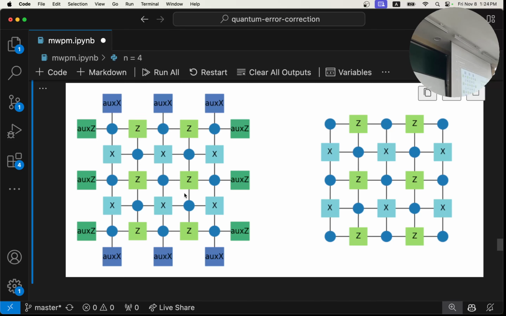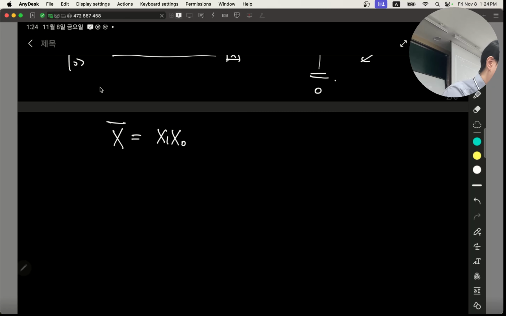So we have one data qubit and one stabilizer qubit attached here. And what happens on each edge between a stabilizer qubit and a data qubit is the following.